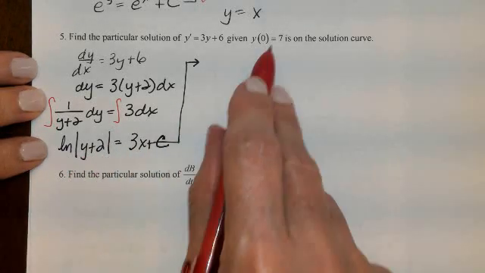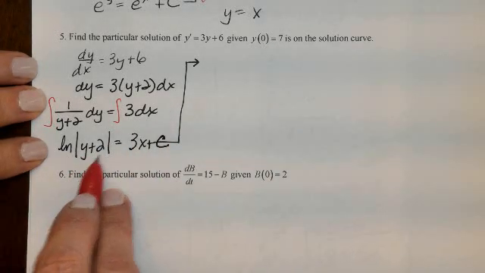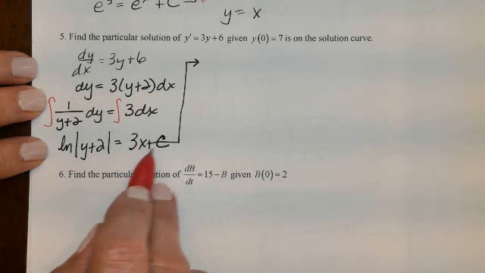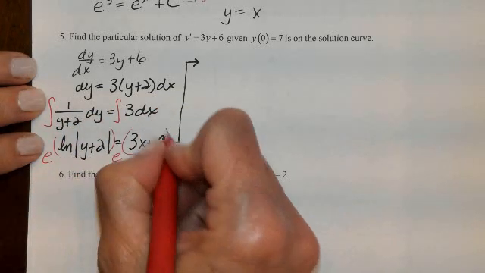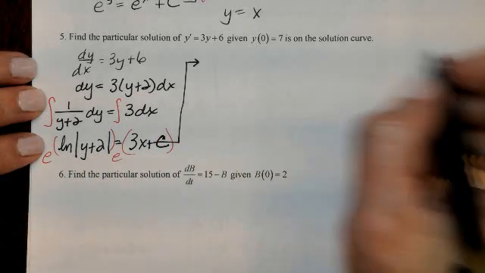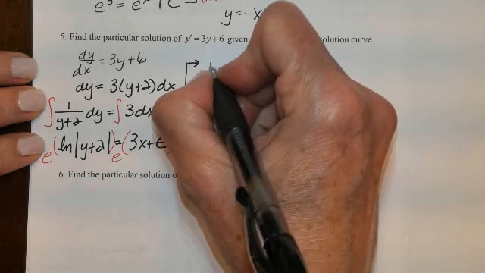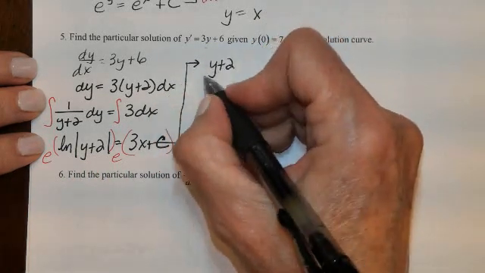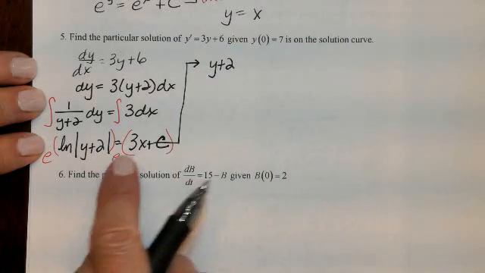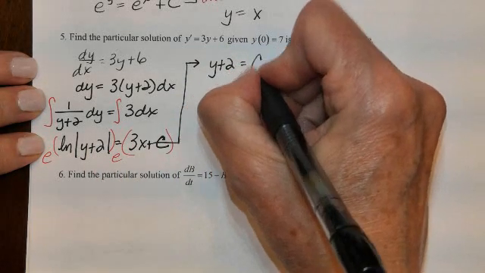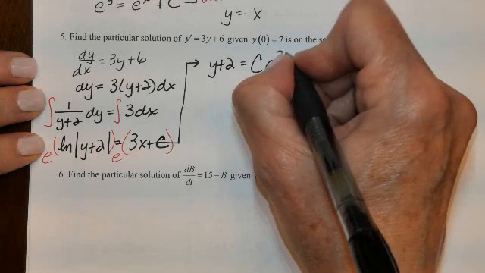So instead of plugging in the point right now, I'm going to do a little work on this. So I'm going to e to both sides, right? So this will be y plus 2. Remember that we can lose our absolute values because our constant will absorb that, is equal to c e to the 3x.